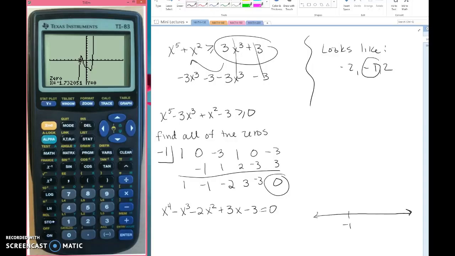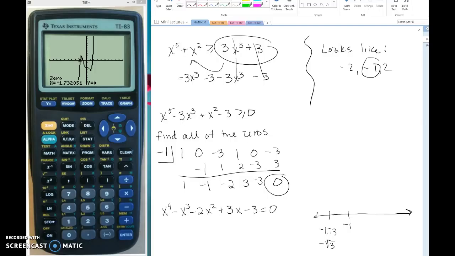If we find this 0 right here, we see that it's -1.7. You'll see in the MathXL answer that negative square root of 3 is in there, and that's where they get it. This is actually negative square root of 3. But again, finding that algebraically is much harder than what we've done in this course.